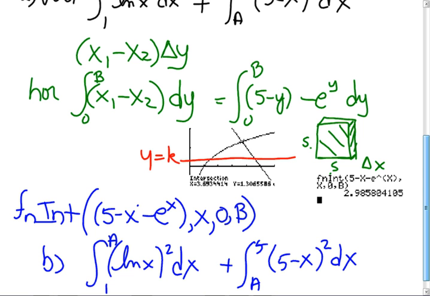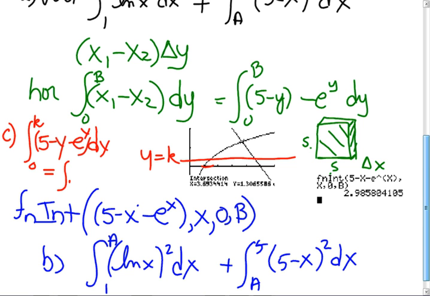So guess what you're going to do? You're going to integrate the y's. So it's the same one we have, where was it? Right here. It's going to be the integral of 5 minus y minus e to the y dy from 0 to where? Well, silly me, I just do it this way.